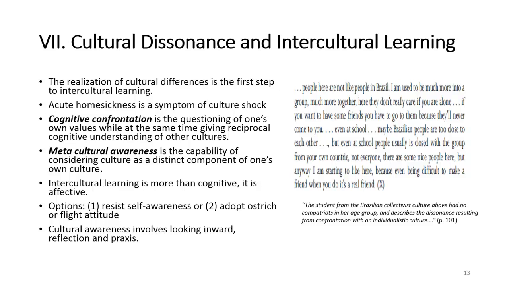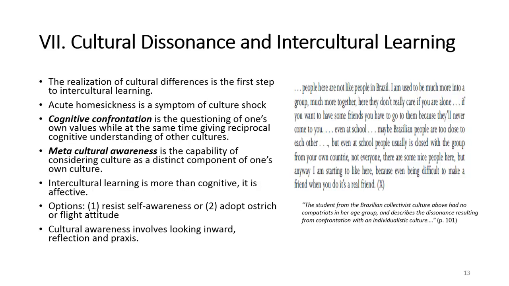Kids don't have that kind of wherewithal to go through that. But we need to bring that to their awareness so that they're able to grow, right? So that they're able to have a kind of personal development in terms of understanding their own culture while they're understanding other cultures, so that they won't be confronted with these acute bouts of homesickness.